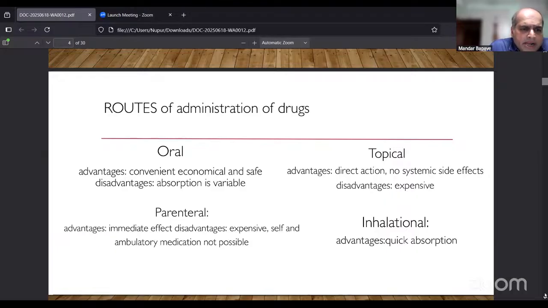Parenteral medication has an immediate effect, but the disadvantage is that it is mildly expensive, and self and ambulatory medication is not possible. Therefore, a patient has to get hospitalized or go to a daycare center. As for inhalational medicine, be it nebulization, metered dose inhaler, or nasal inhalation, the advantage is quick absorption.